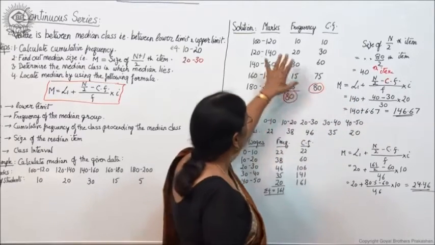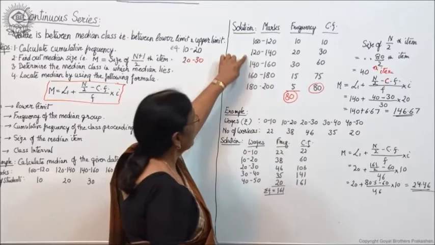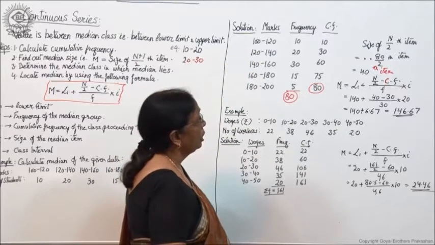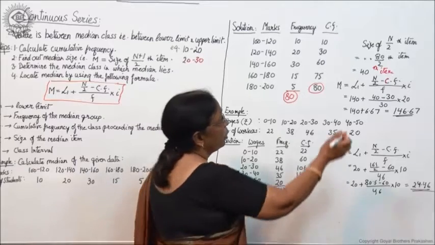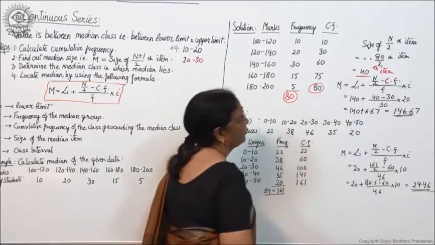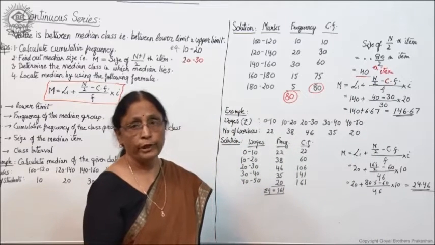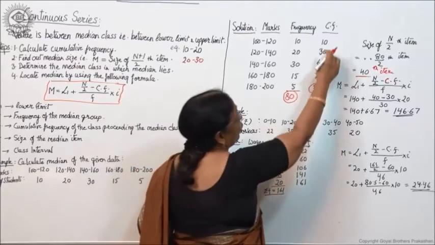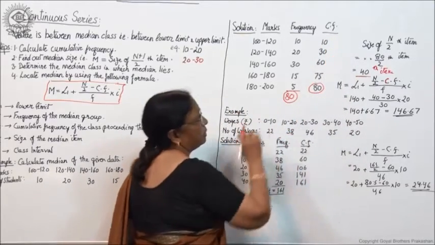Now, how to find out the median class here? This is the class interval given. In this, one is the median class. How will you find out? Now, see this one, n upon 2, what do you get here? This is 40, right? Now, find out 40 in this list.